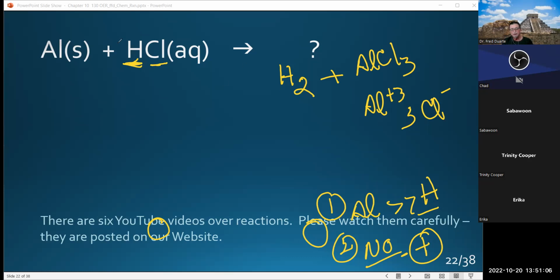If I put a 2 here, well, let's work this through here, right? Because if I put a 2 here, that increases my chlorides. The hydrogens get taken care of. Yeah, let's work through this.